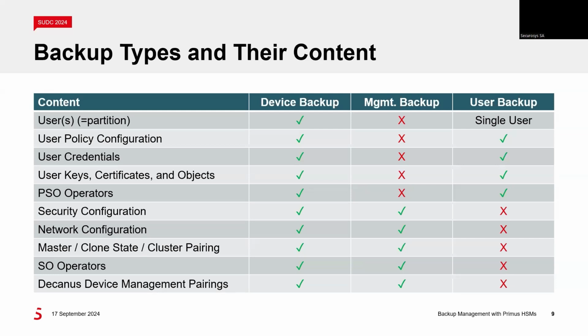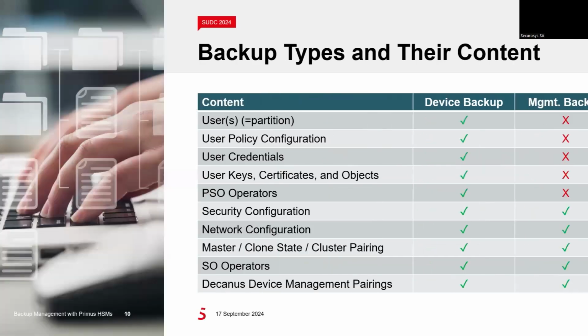An individual user just has its own partition security officer credentials backed up, and its own partition security configuration. All the user data from the other partitions is not part of a user backup.